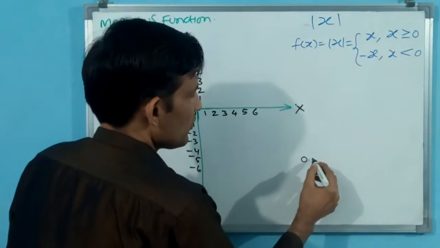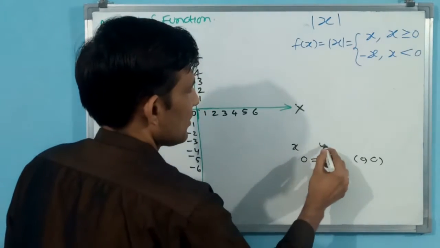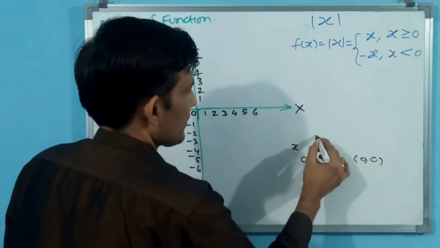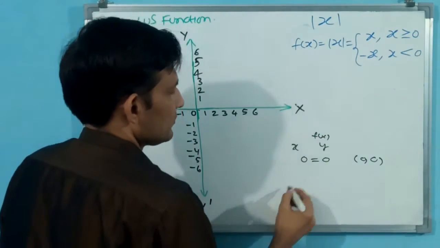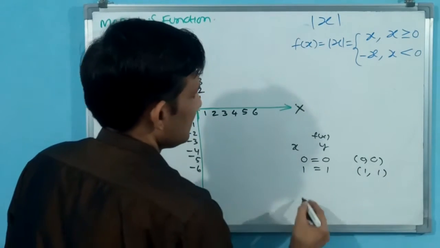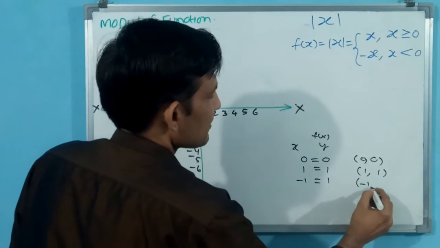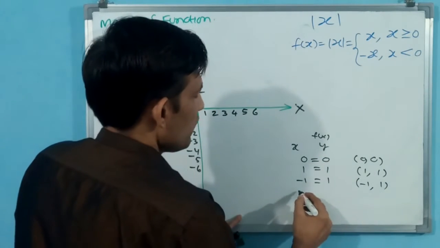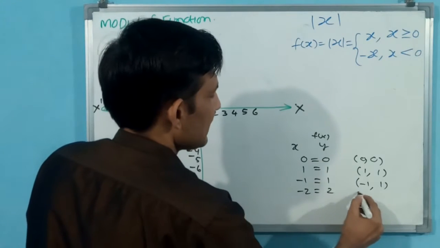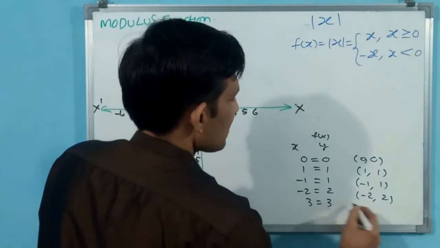If you give 0, 0 will come. That means (0, 0). If you give 1, 1 will come, that means (1, 1). If you give minus 1, 1 will come. Minus 1, 1. If you give minus 2, 2 will come. Minus 2, 2. If you give 3, 3 will come. 3, 3.